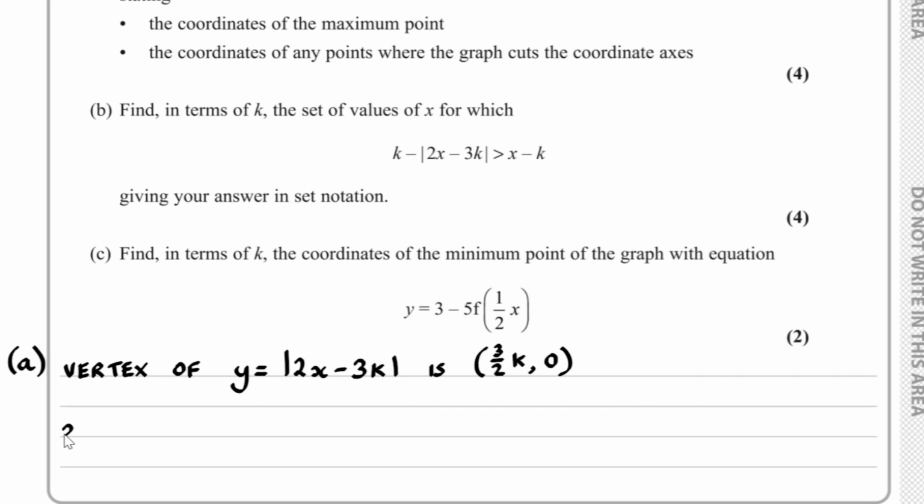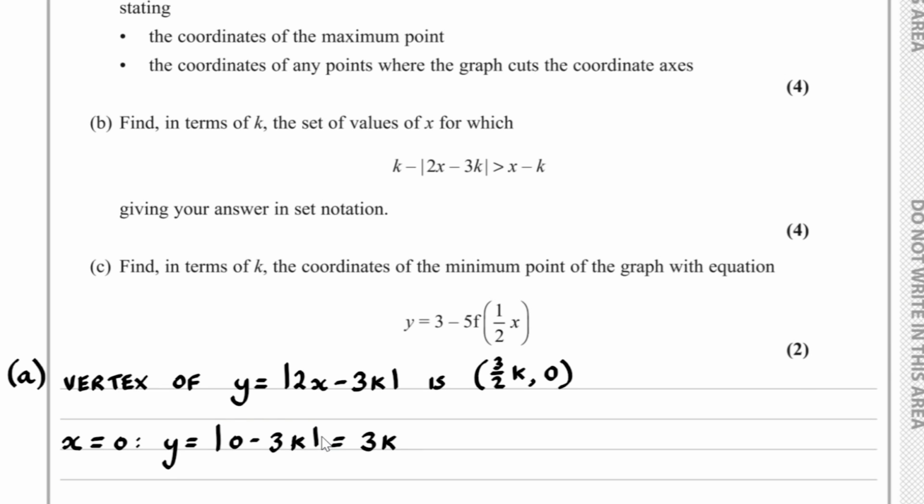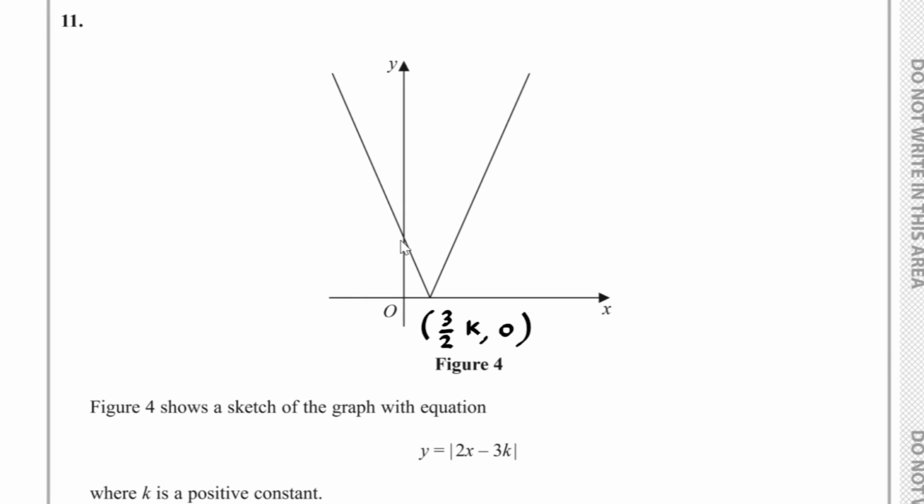And when x is equal to 0, y is equal to the mod of 0 minus 3k, which is 3k. So if we add this to our diagram, the coordinates here will be 0 across, 3k up.